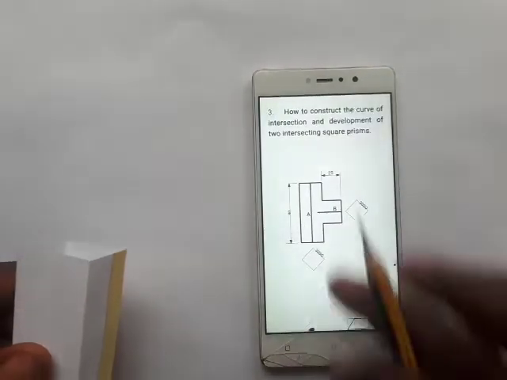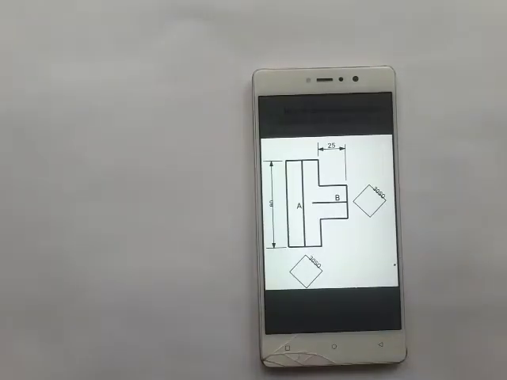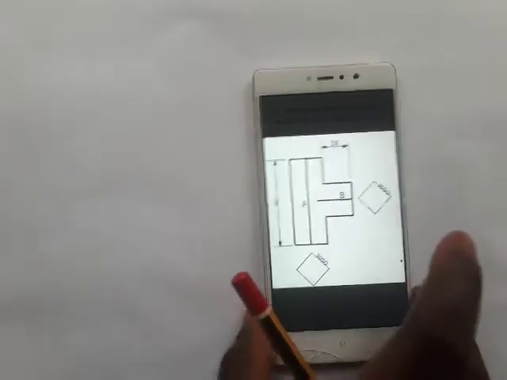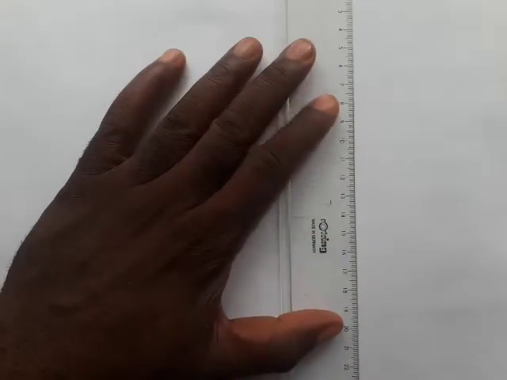So let us start. Draw a thin line in this form. Just a minute.